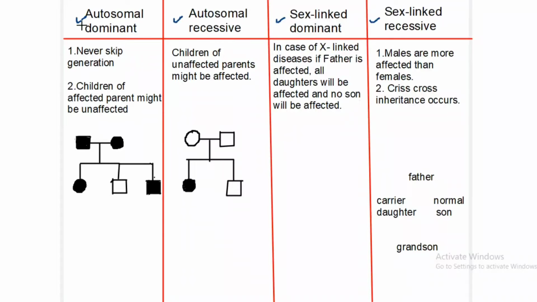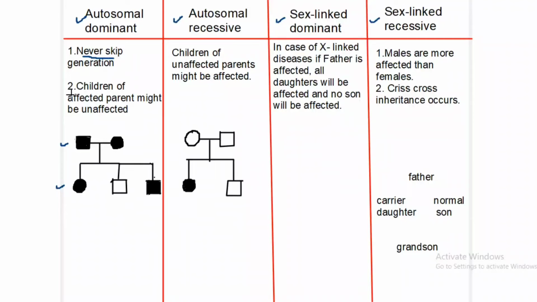If the disease is autosomal dominant, it never skips a generation. It will be seen in every generation: generation 1, generation 2, generation 3, and so on. The phenotype of the disease will be there in all generations if it is autosomal dominant.